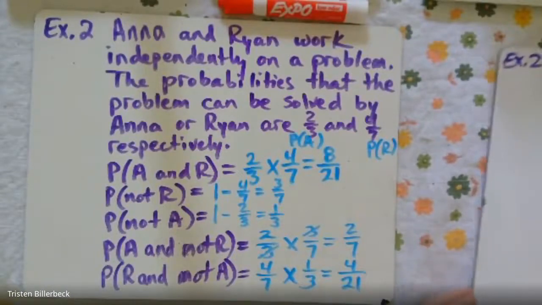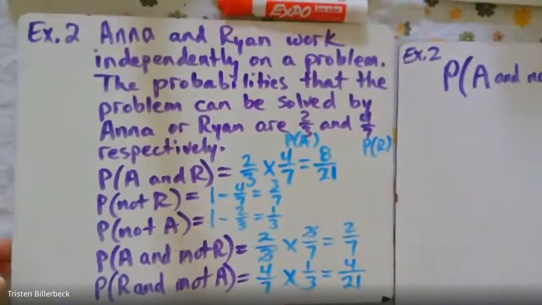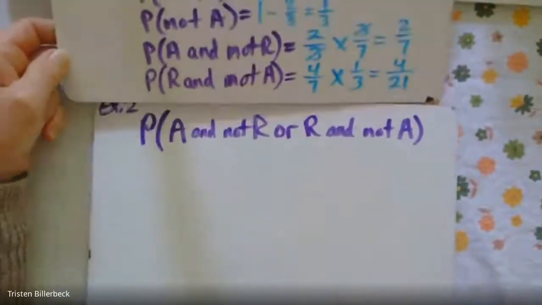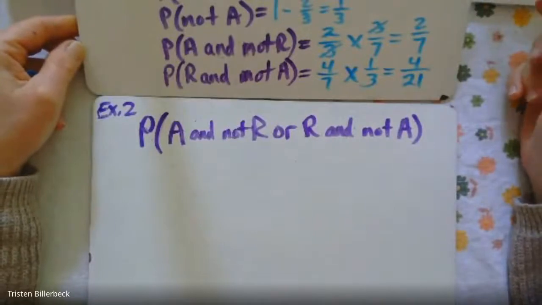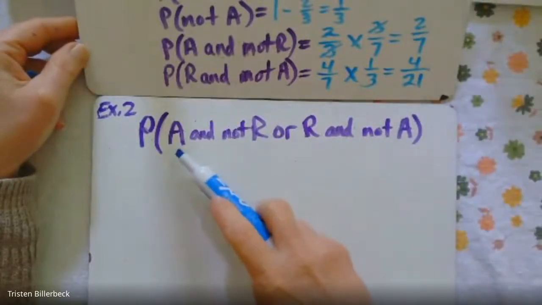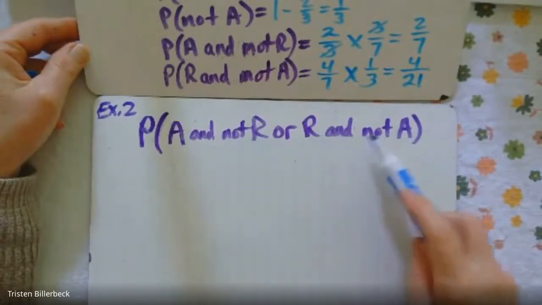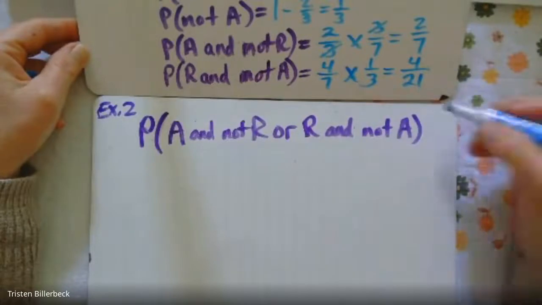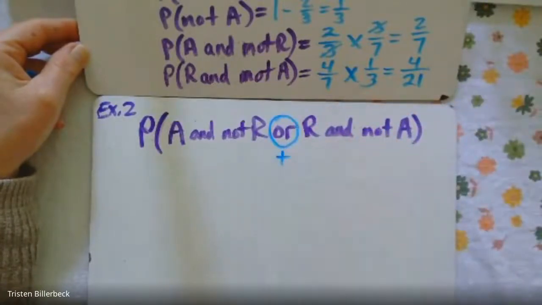All right. I wish we were done, but we're not quite. We still have a little more to go on this. It asks us a difficult question. What's the probability of A and not R, or R and not A? This was an "or," so that's a plus.